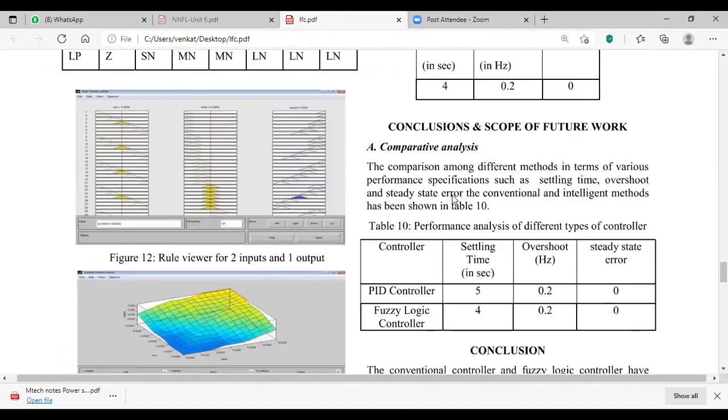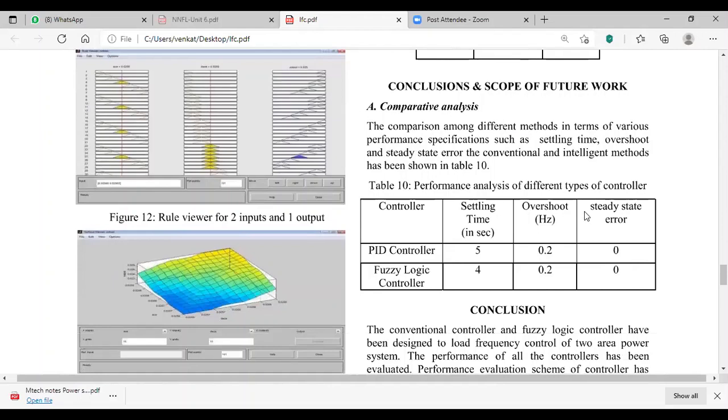So finally, comparing the performance of the PI and fuzzy logic controllers. If you observe the output of your PID controller, the settling time is 5, overshoot is 0.2, steady state error is 0. For the fuzzy logic controller, the settling time is 4, overshoot is 0.2 and steady state error is 0.